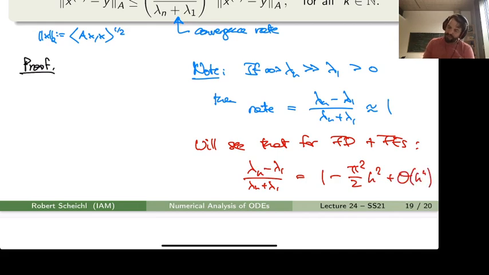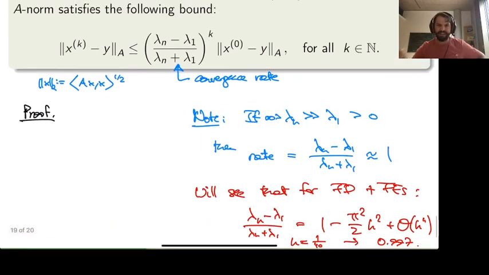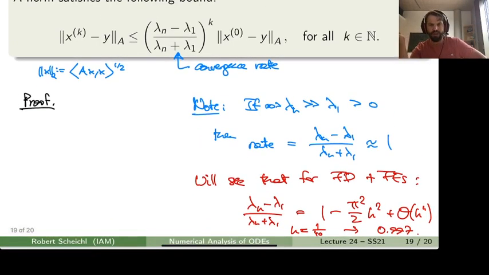So we will see that even for h equals 1 over 40, we already get that this thing is 0.997 or something like that. And so if you're reducing the error in each iteration just by a factor 0.997, you will need a long time before you get the error to be below some tolerance.